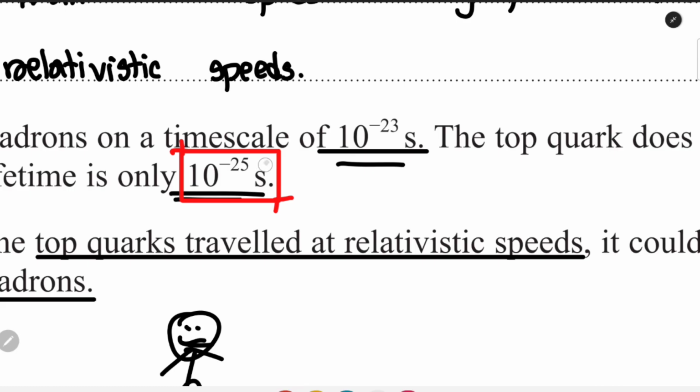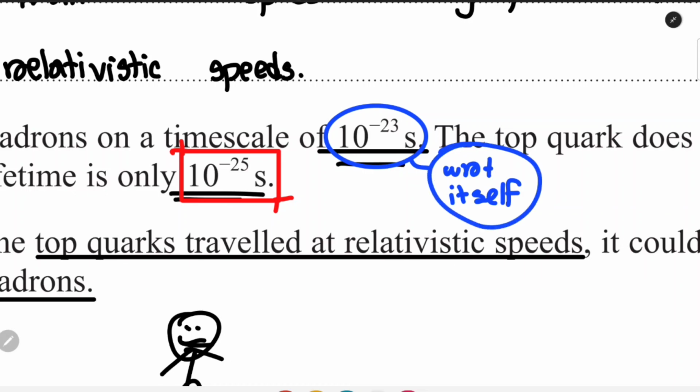The quark needs 10 to the power minus 23 seconds with respect to itself. So from its own perspective, the quark needs to last at least 10 to the power minus 23 seconds to form a hadron.